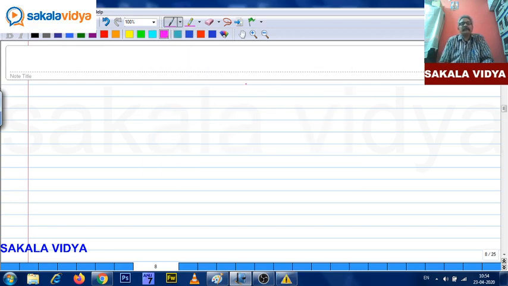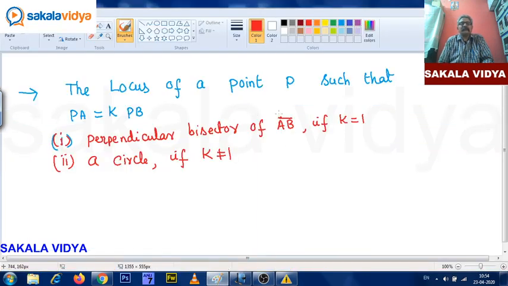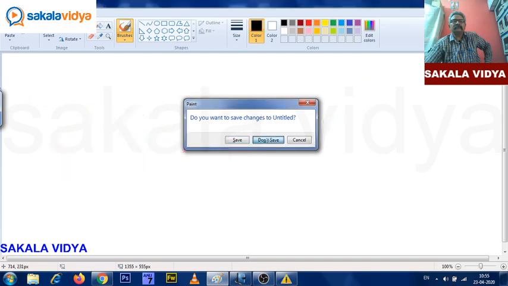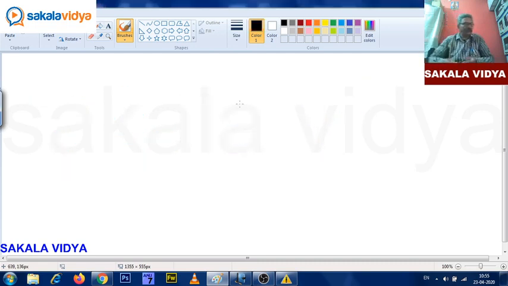For example, you take the coordinate axes like this.